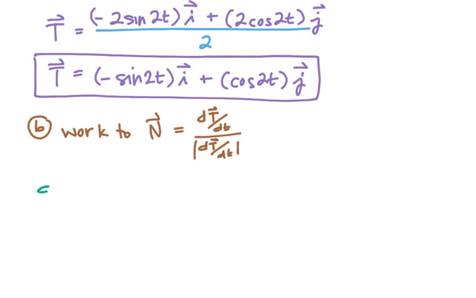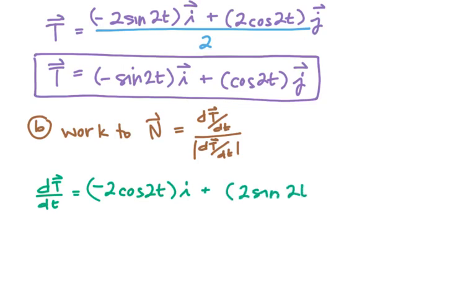Differentiating T, the derivative of negative sine 2t is negative 2 cosine 2t i, plus the derivative of cosine, which is negative sine, so we end up with negative 2 sine 2t j.